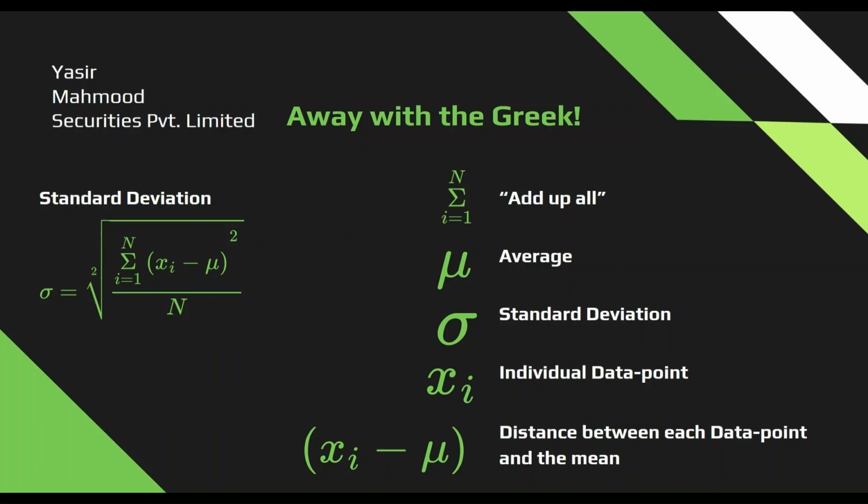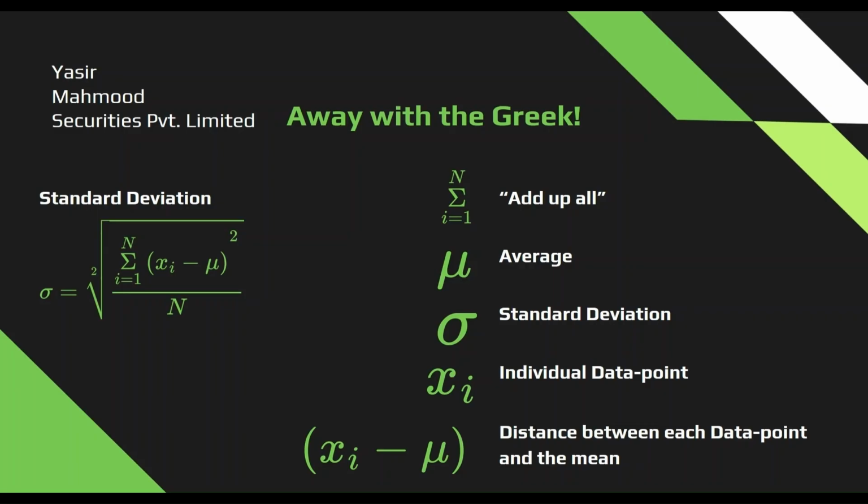Now, we need to add up. But what do we need to add up? That brings us to the bracket. This xi, x subscript i, is basically each individual data point. So x1 would be the first observation, x2 would be the second, x3 the third, and so on and so forth.